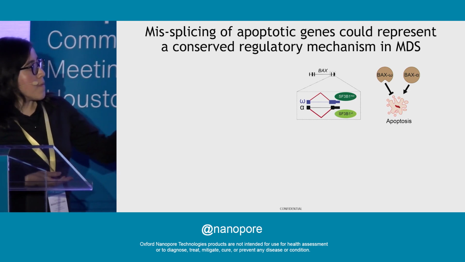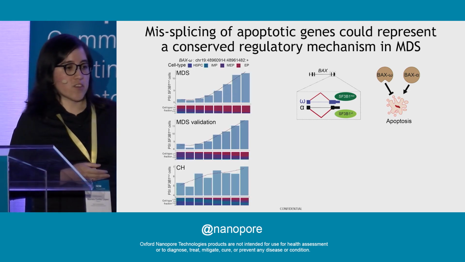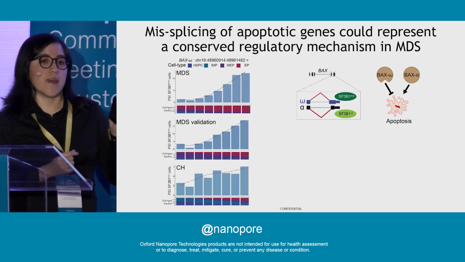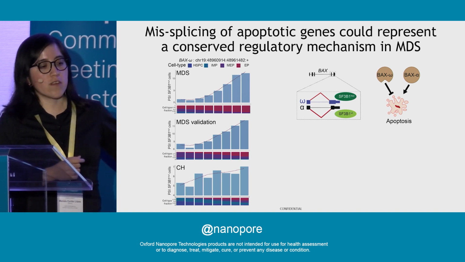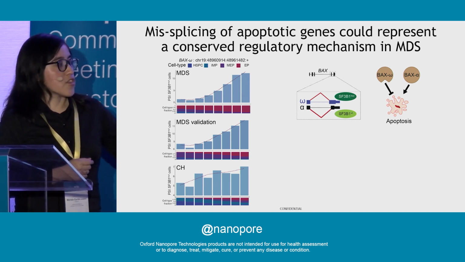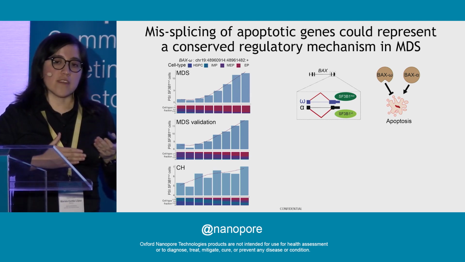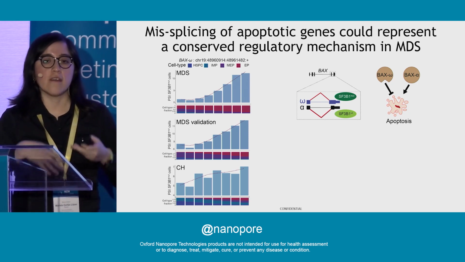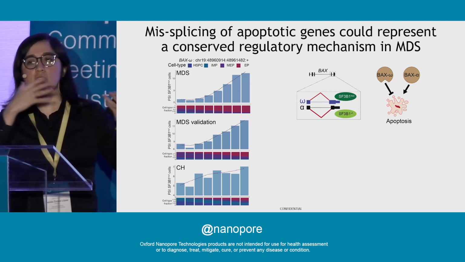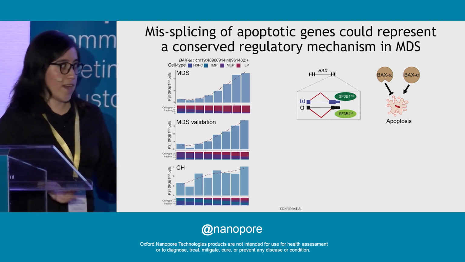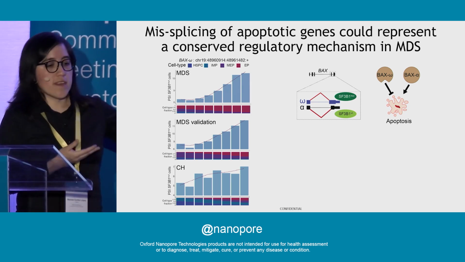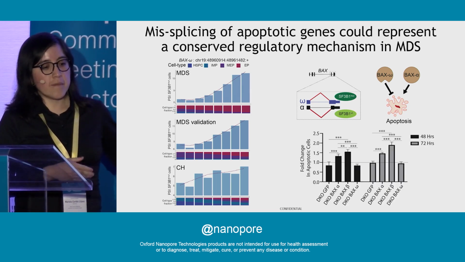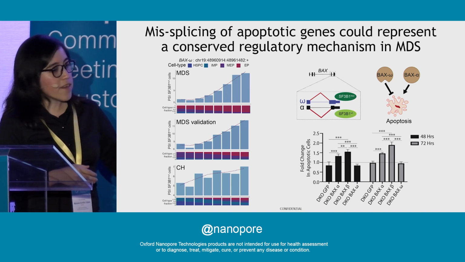So we describe BAX omega as one of the key isoforms that gets misregulated already in the pre-malignant condition and leads to an anti-apoptotic function, perhaps explaining why we see an accumulation of erythroid progenitors just dying. This was also tested experimentally with the help of our collaborators.